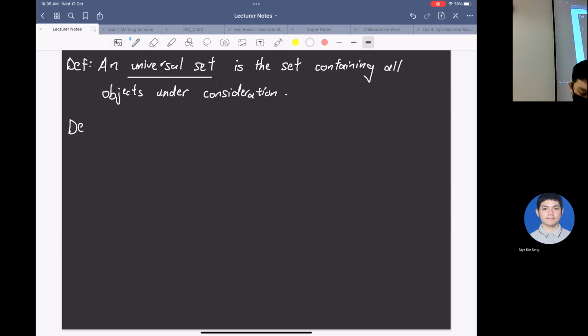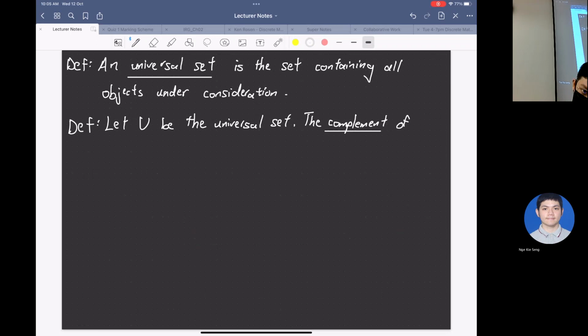Let's see what this universal set can do. Let U be the universal set. You can take a complement of a set. Meaning if I take out the set, what is the thing that is left behind?